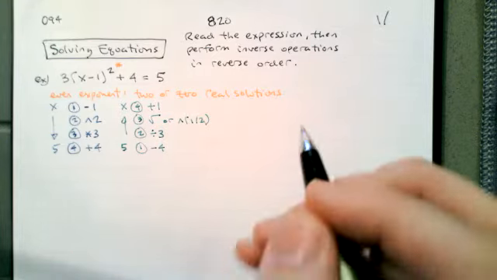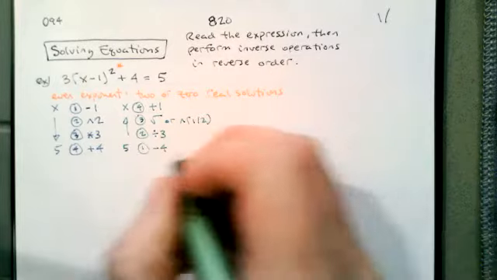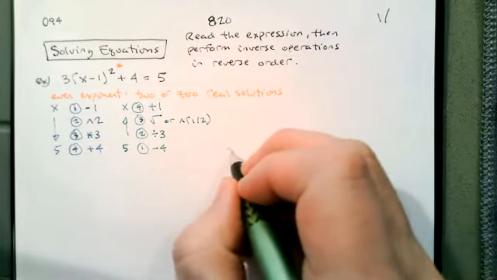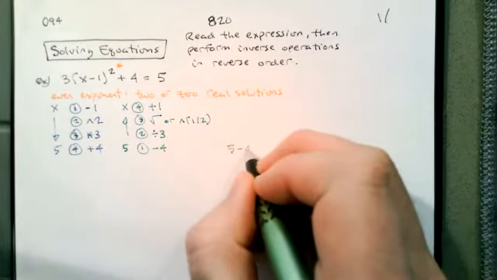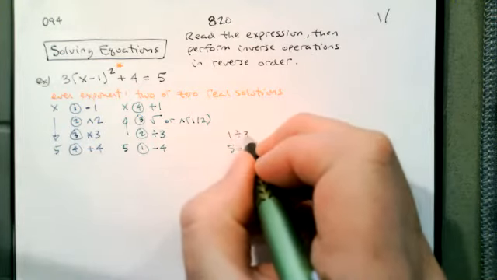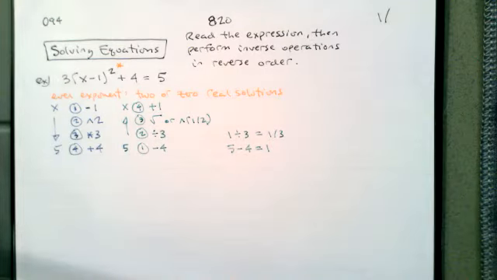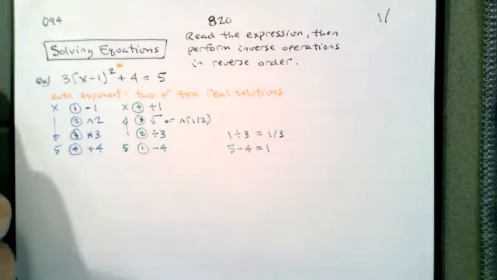So let's find out. We're going to start with a 5. The first operation is to subtract 4, and that'll give us 1. And then we'll take the 1 and divide by 3 to get 1/3. And now we're going to do the square root. Here's what we notice. We're going to have 2 solutions. When we apply the square root, we're applying it to a positive number, so we're going to end up with 2 solutions.